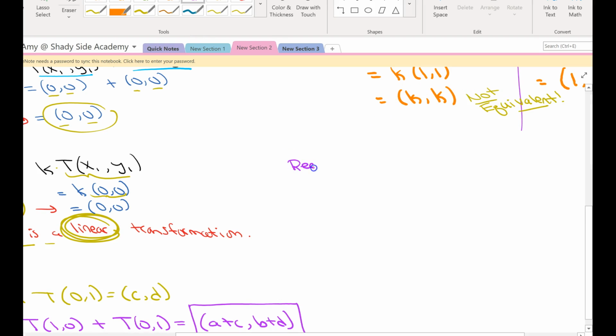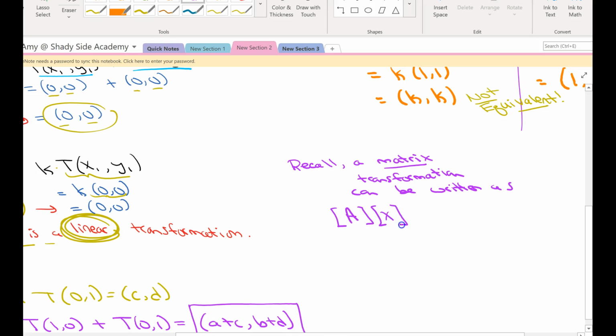So recall, a matrix transformation can be written as this matrix equation.